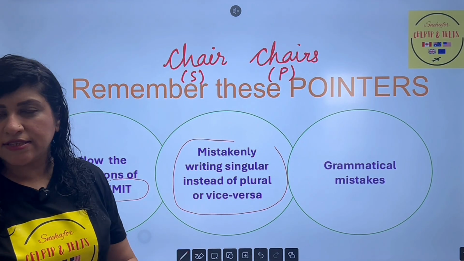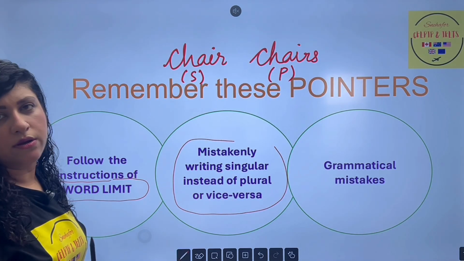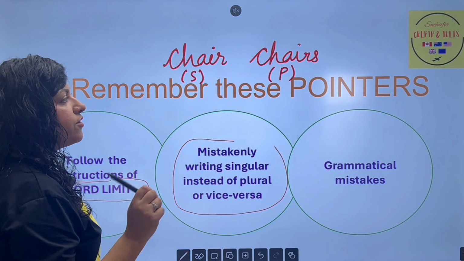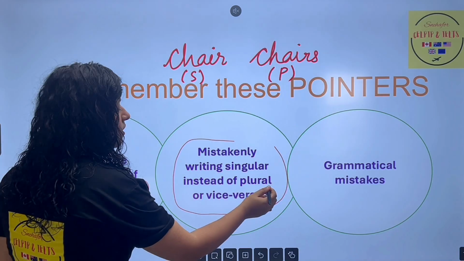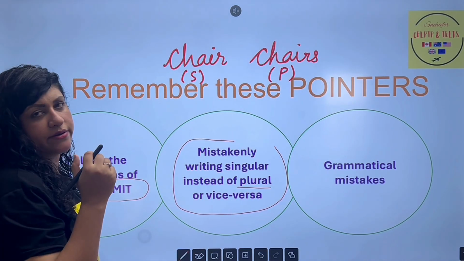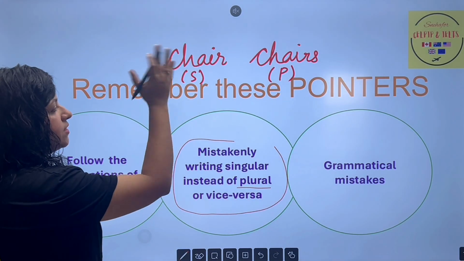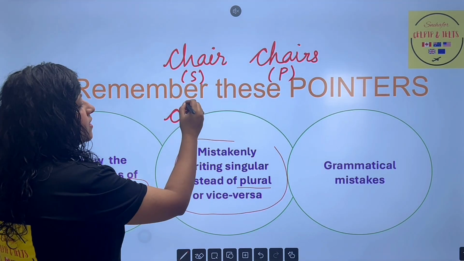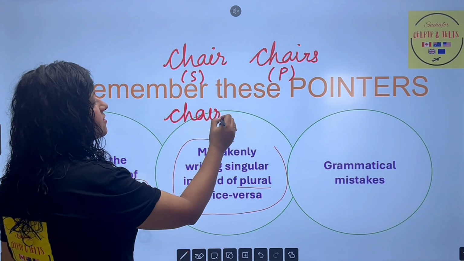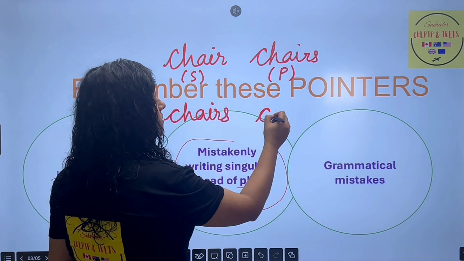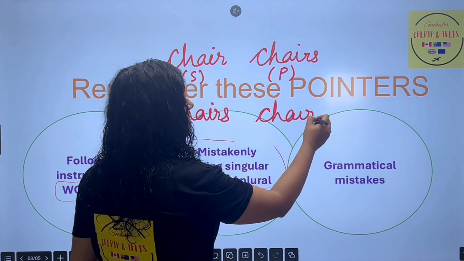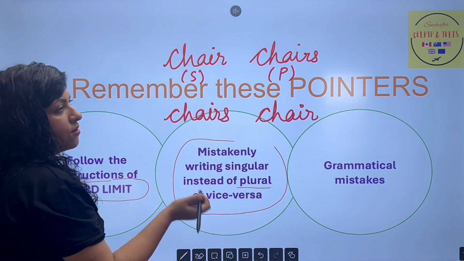So again, it is going to be marked wrong. You have to be careful about the plural or singular, the number of the word that you're going to write. And it's true the other way around as well. So if the answer was chairs and you instead wrote chair, it is going to be marked wrong.